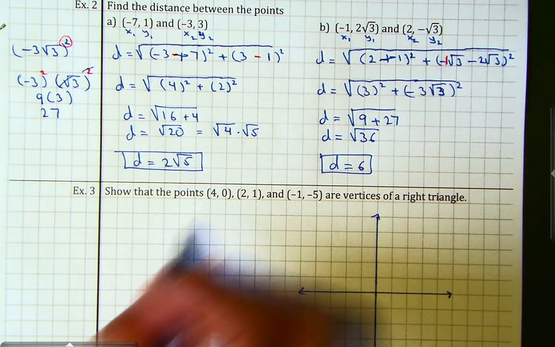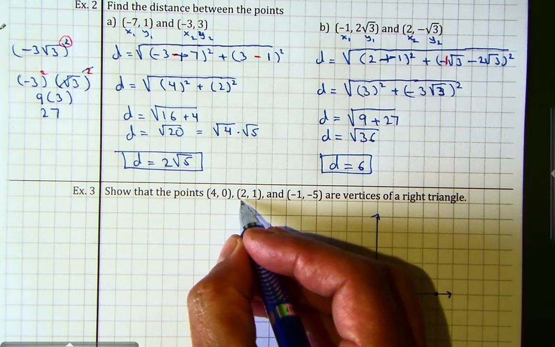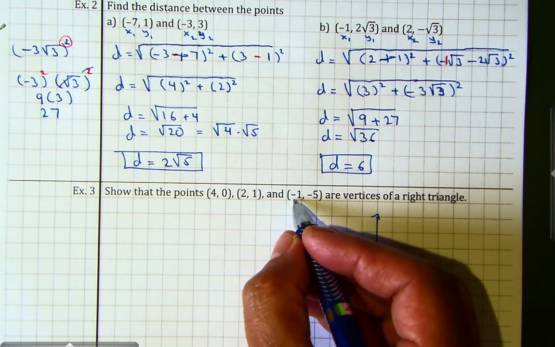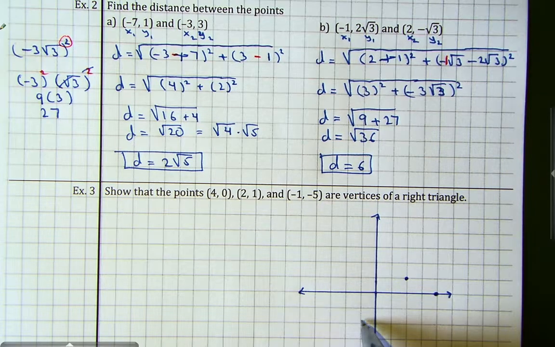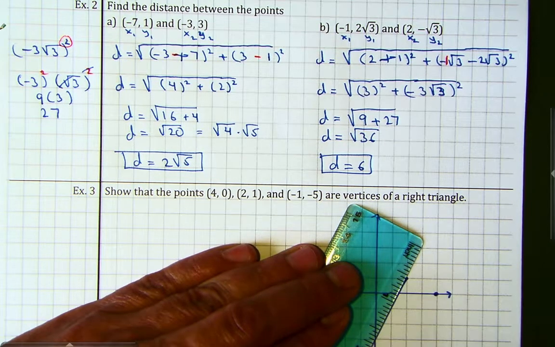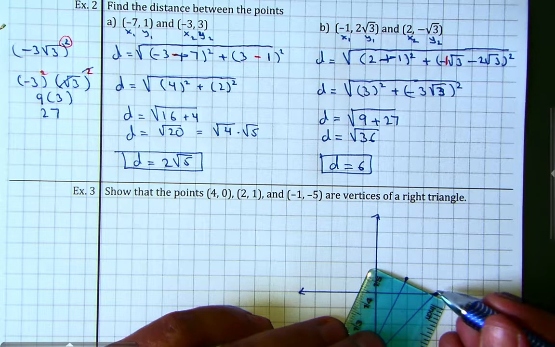So my first point is (4, 0). Second point is (2, 1), to the right and up 1. Next point is (-1, -5). So let's see, we have a triangle with all 3 sides.